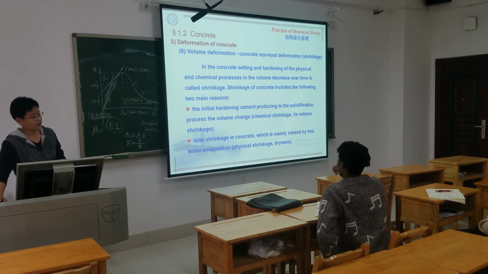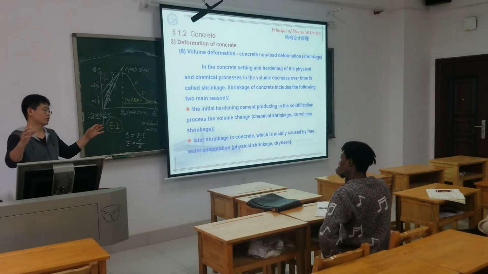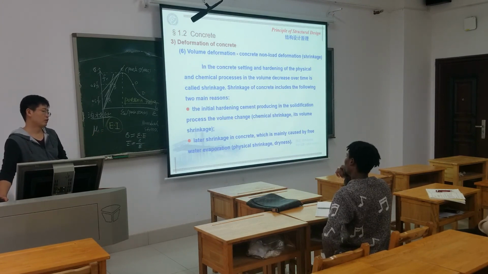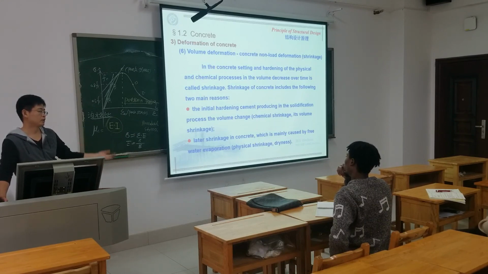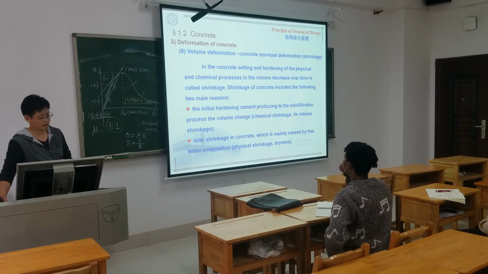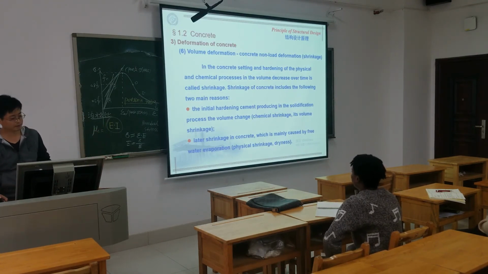So during the curing process we need to put water on the surface of the concrete to supply water, because during hardening the water will be lost. So we need to supply water to the concrete to make a good foundation for the hardening.